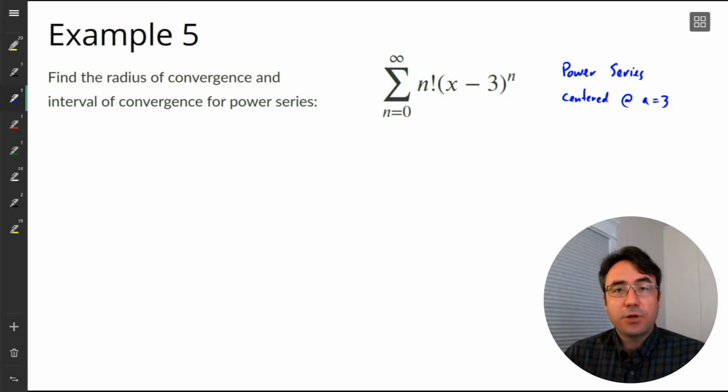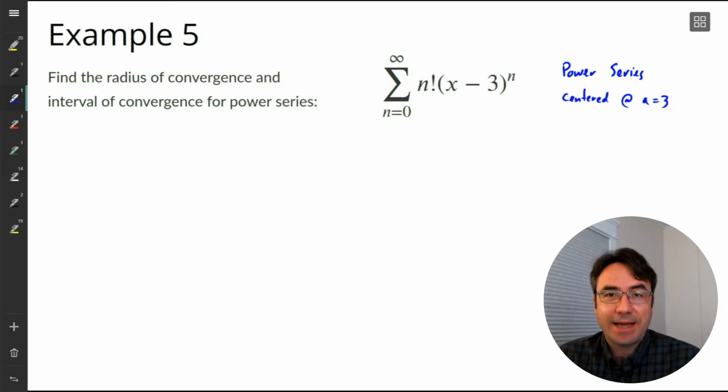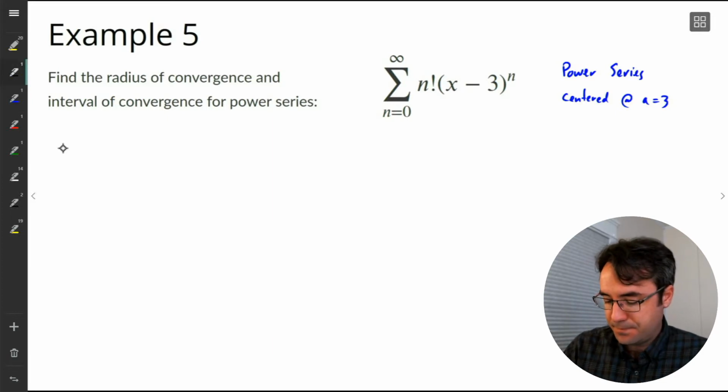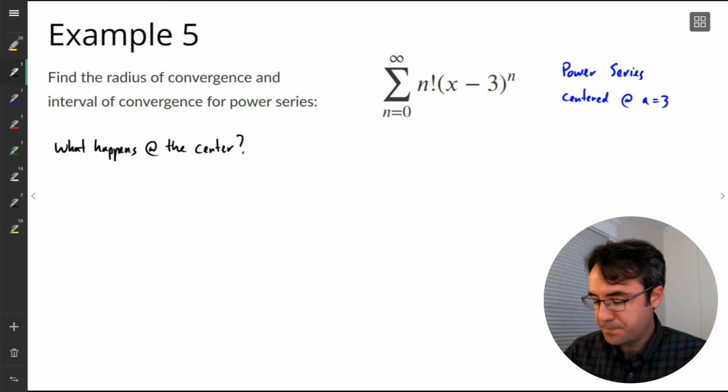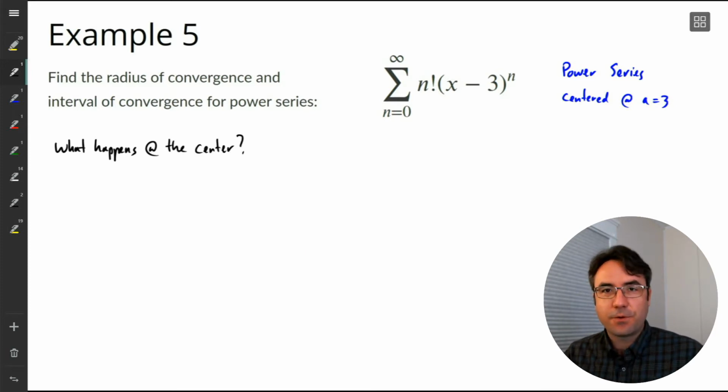Let's actually look at what happens directly at that center value. This is going to be true for all of the different series that we've looked at. We could have done this, but we're going to look at it for this specific one.